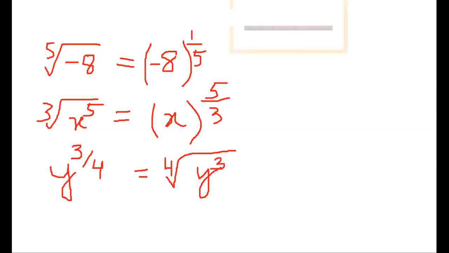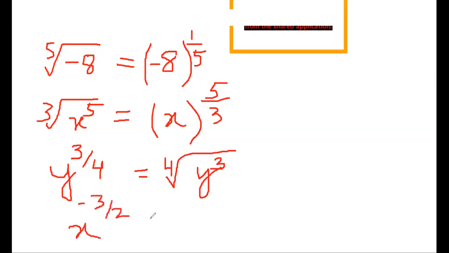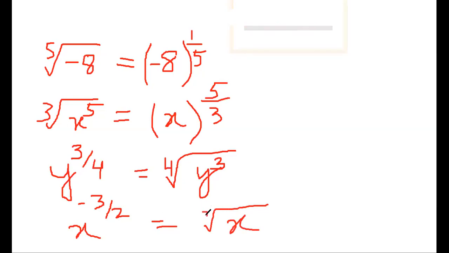Then another example of an exponential into radical is x to the power minus 3/2. Now you will convert it into a radical form. So write the radicand in the radical sign, and the number which is in the denominator is the index of radical, so you write it here.